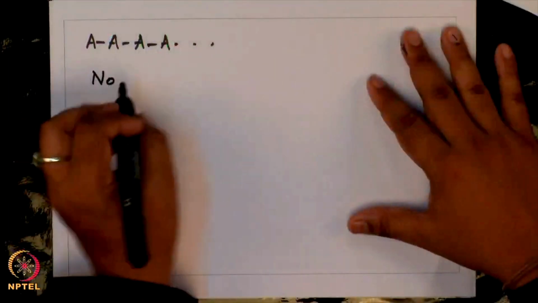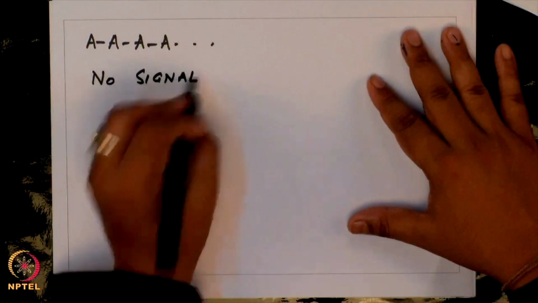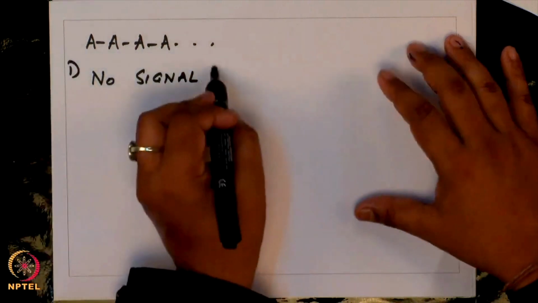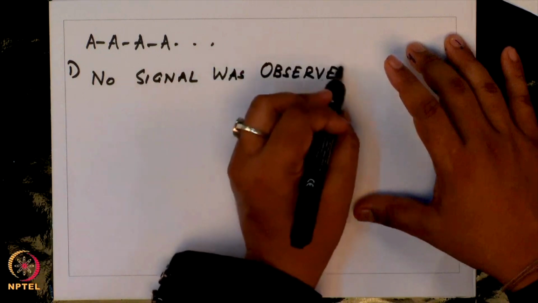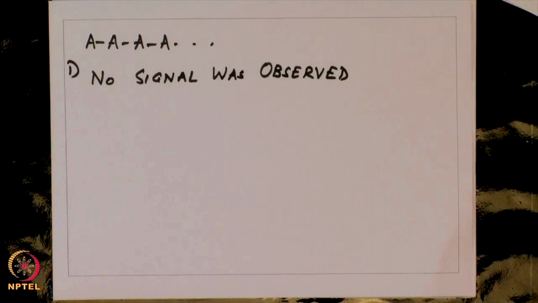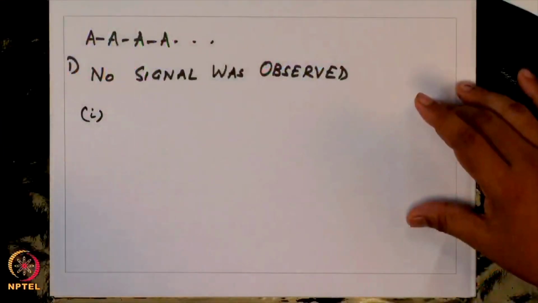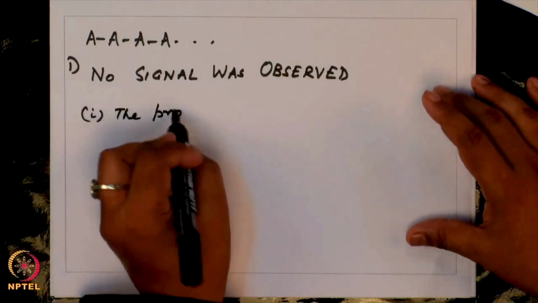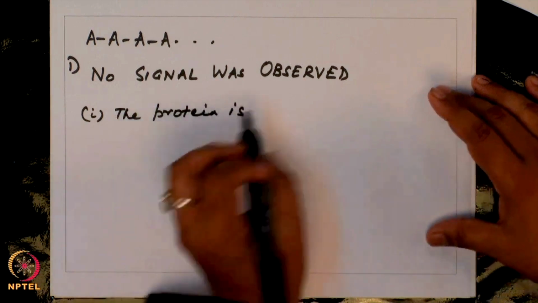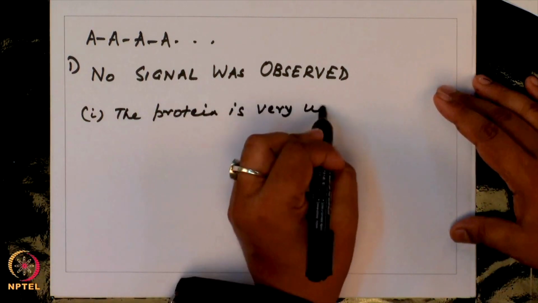But let us say you did that AFM experiment and you saw no signal at all. So you have this situation, no signal was observed. In this particular case, what might be the possibilities? One possibility is that the protein is very unstable.